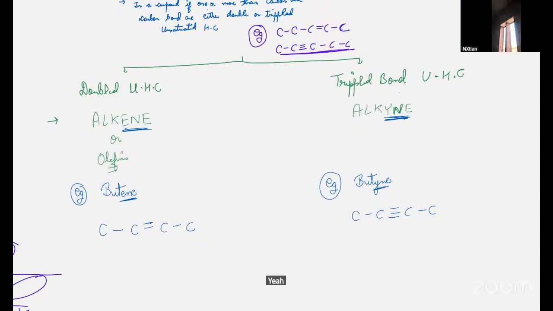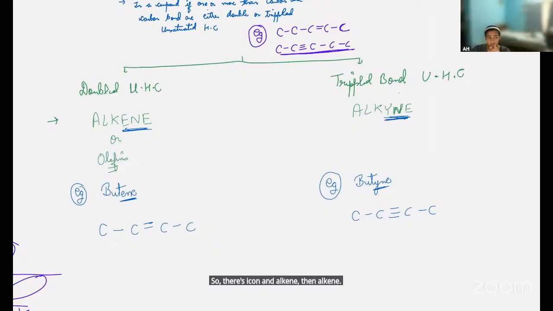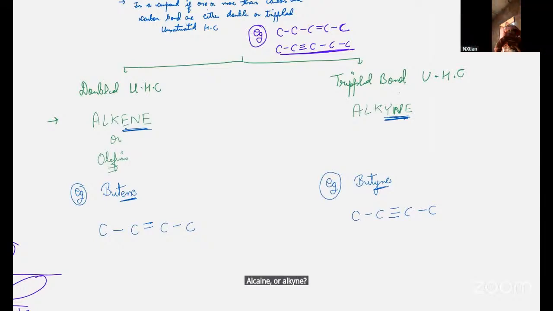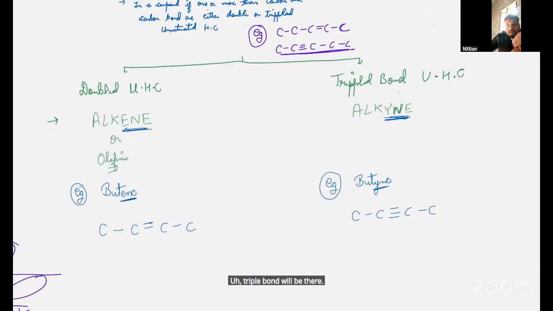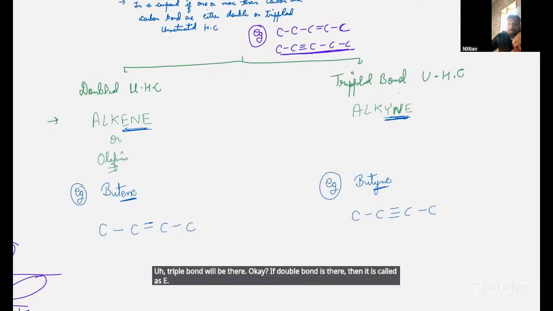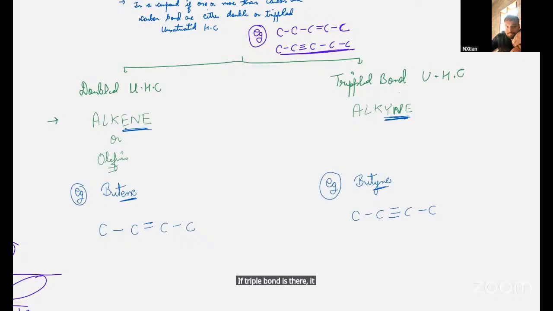If it is written butyne, then a triple bond will be there. If a double bond is there, it is called ene. If a triple bond is there, it is called yne.